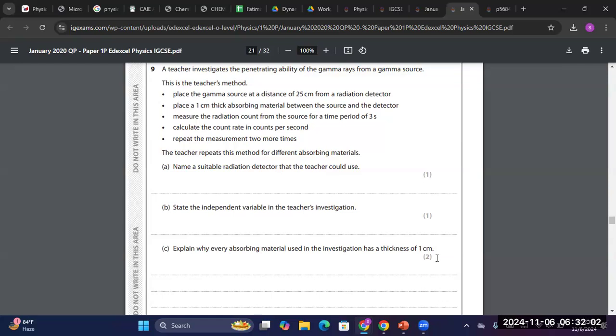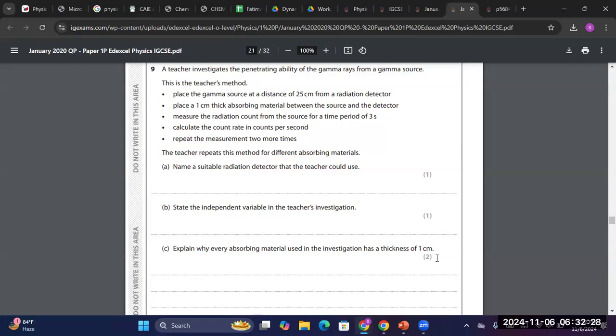Because if we use the same 1 centimeter thick absorbing material, the experiment will be valid. Yes, you're right, our experiment is going to be valid.